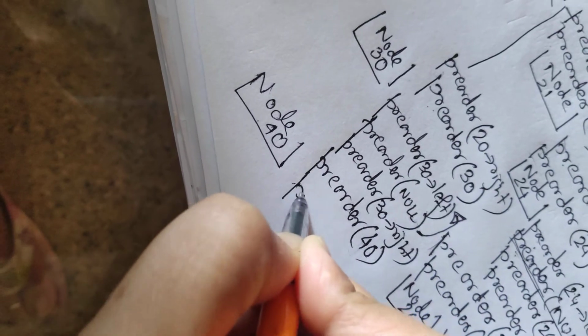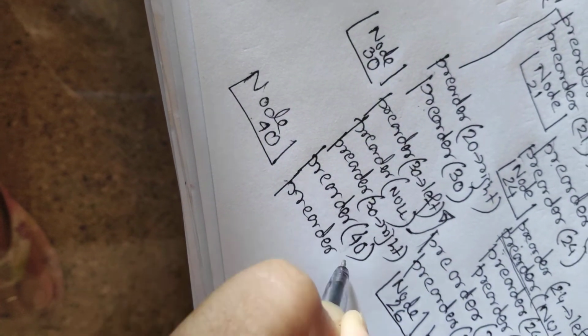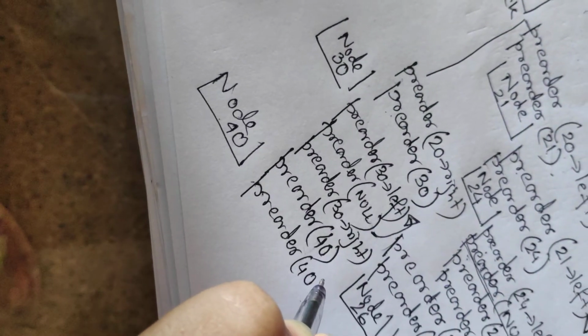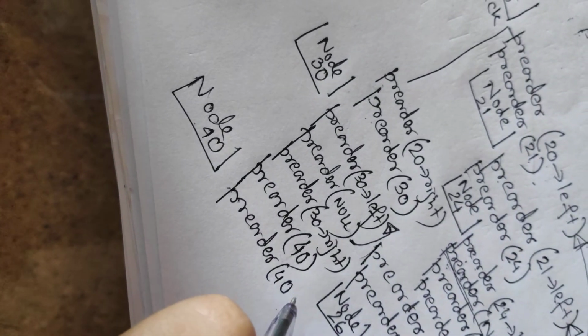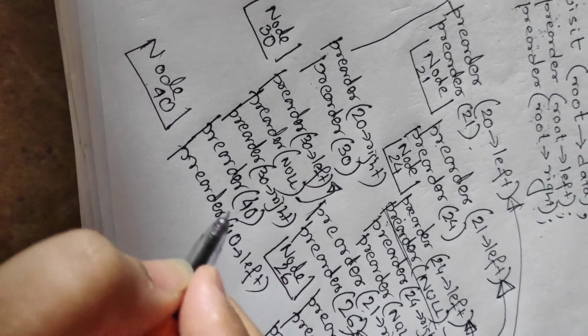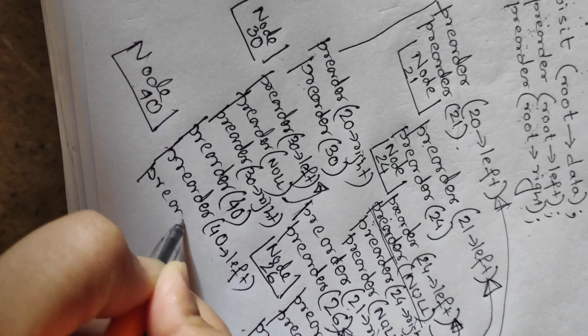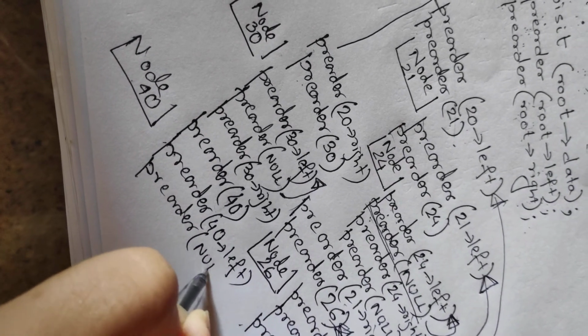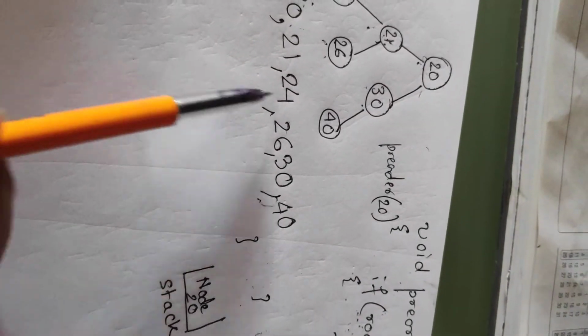And you call preorder 40 left. Now what is preorder 40 left? Preorder 40 left is preorder null. You see it is preorder null. 40 left is null.